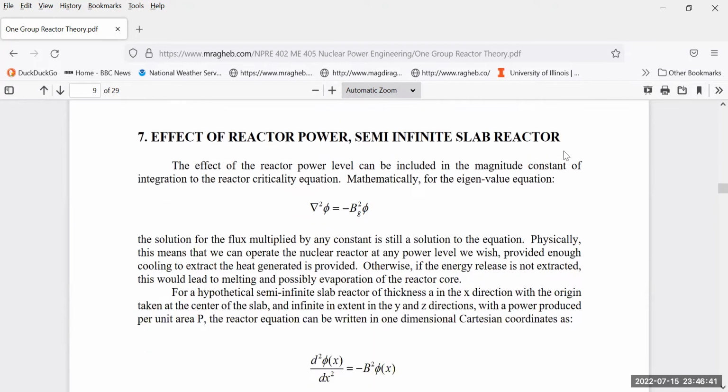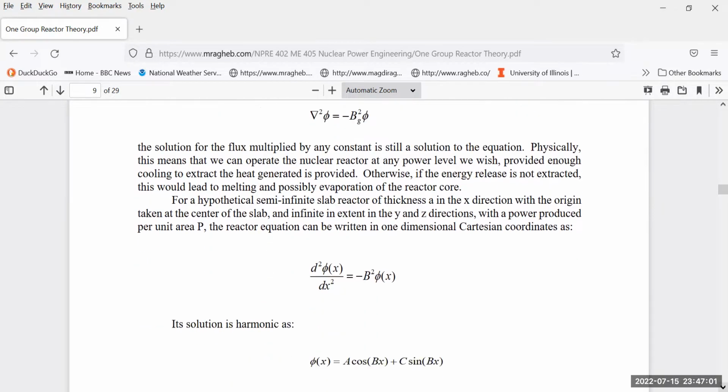This solution is in spherical geometry. You'll find that in the textbooks, they like to simplify things. So they say, okay, let us get the reactor power distribution in the case of Cartesian coordinates in one dimension. So in that case, the equation becomes simpler than the one that we have dealt with right here, obviously.